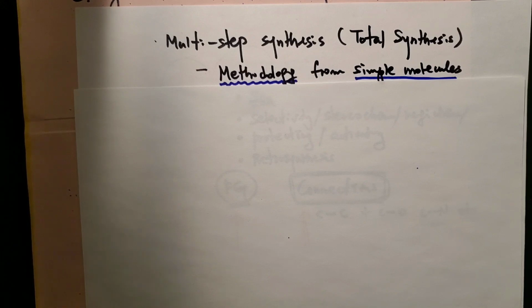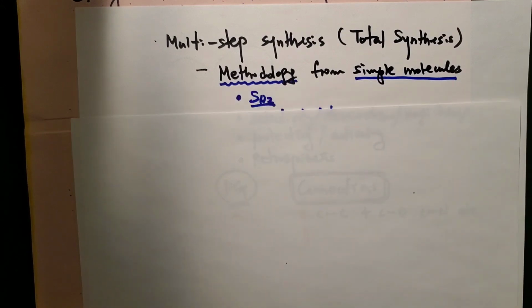So each mechanism is considered as a methodology in order to create certain functional group, or in order to create certain geometry, certain stereochemistry, certain connectivity, and so on. So yeah, you choose SN2, for example, when you create certain stereochemistry.